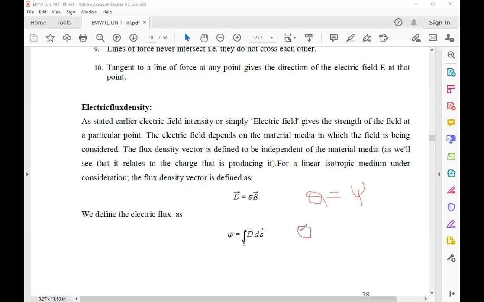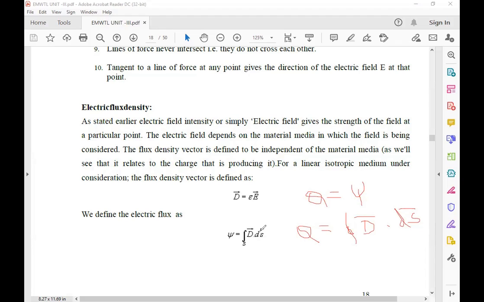Gauss law is nothing but Q is equal to the closed integral of D bar dot ds bar. Here psi is equal to Q, where psi is the electric flux and D bar is the electric flux density.